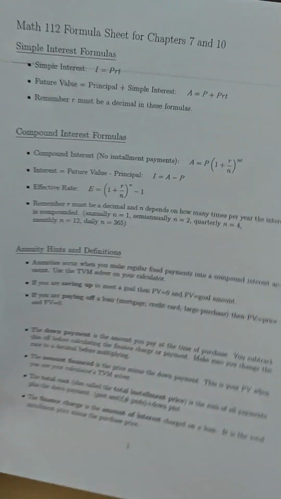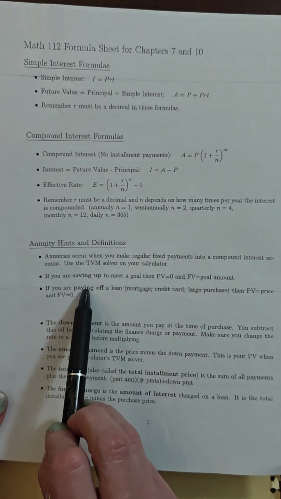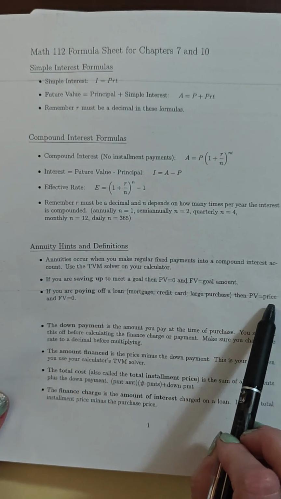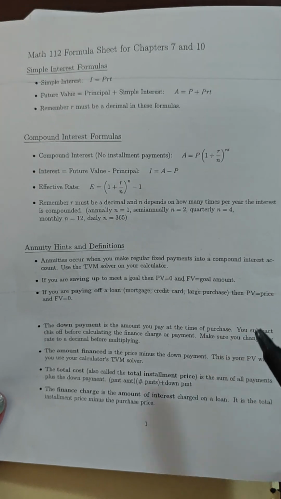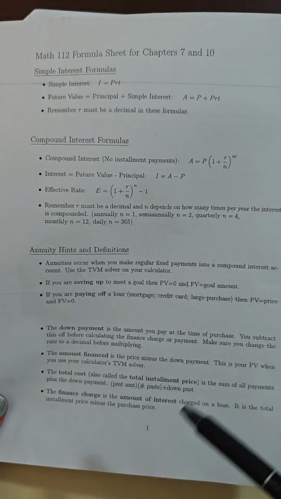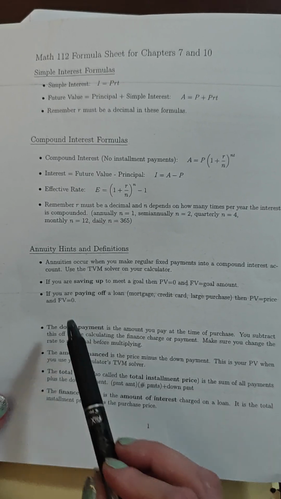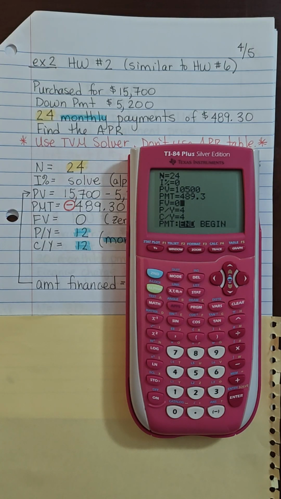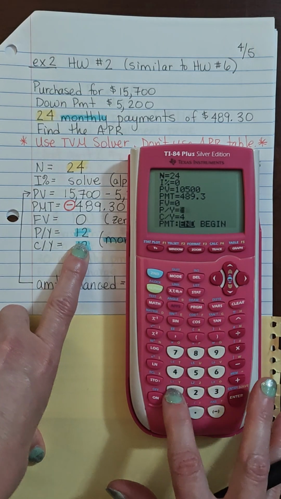That's because, let's go back to the formula sheet. If you're paying off a loan, then PV is going to be, I said price, it's actually your loan amount. Because if we have a down payment of some kind, that reduces the loan amount. And FV is 0 because you're paying it off. All right, and then down here we have 12.